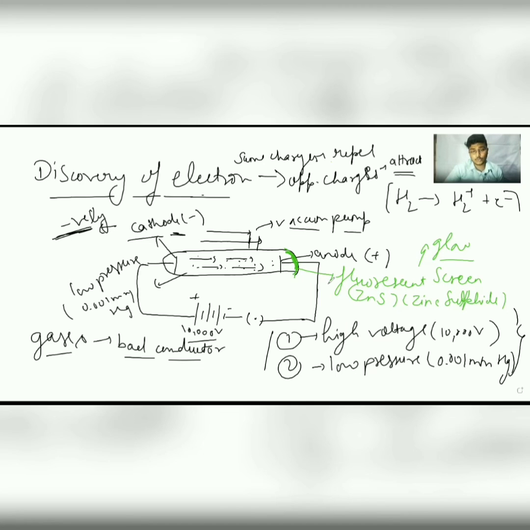So this glow was produced from the side of anode from fluorescent screen. By this way, these negatively charged particles are also called cathode rays. By this way, these particles were named electron by J.J. Thomson, which was represented by E minus.